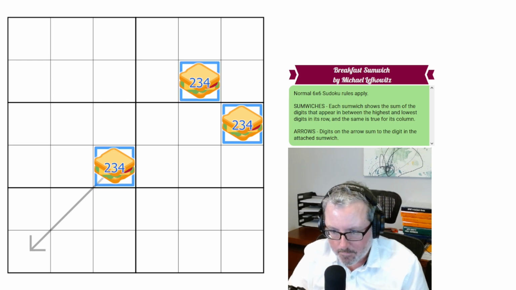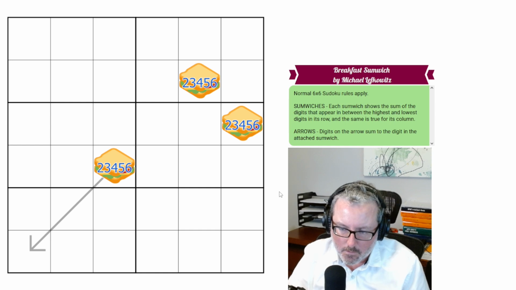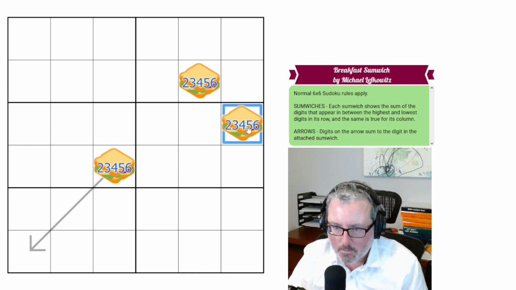That is the first thing to look at. Can 6 be ruled out as well, as it's the polar opposite of the 1? I don't think you can. If you ruled out 6s, that would mean the sumwich has to be 2, 3, 4, or 5.